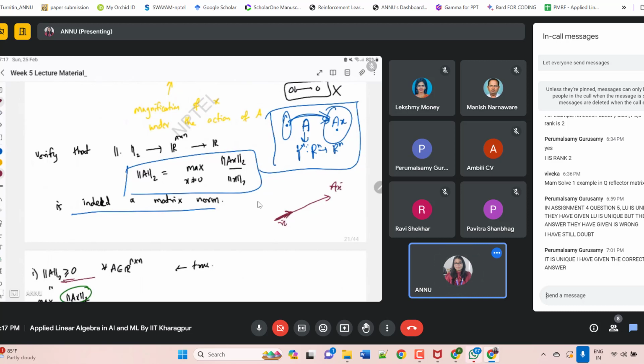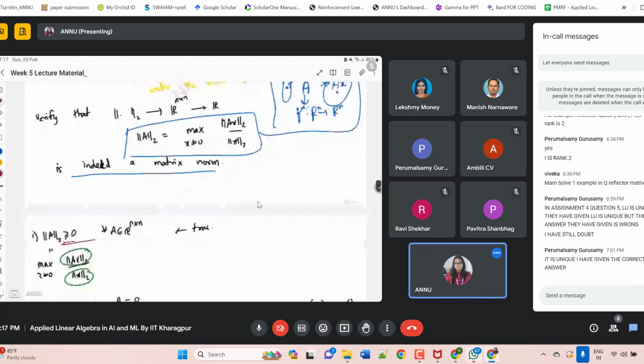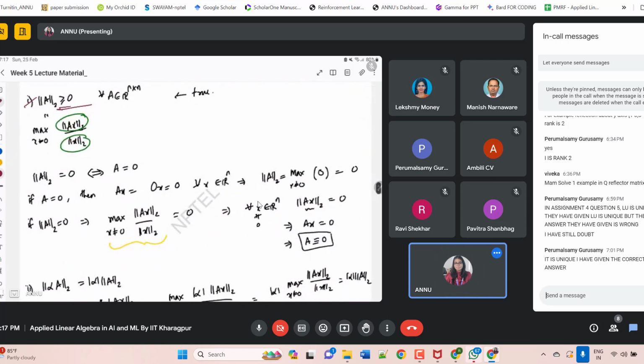You are trying to find the A such that the length of the image is maximum, because Ax is the image. If you check these properties, we see it is following them.